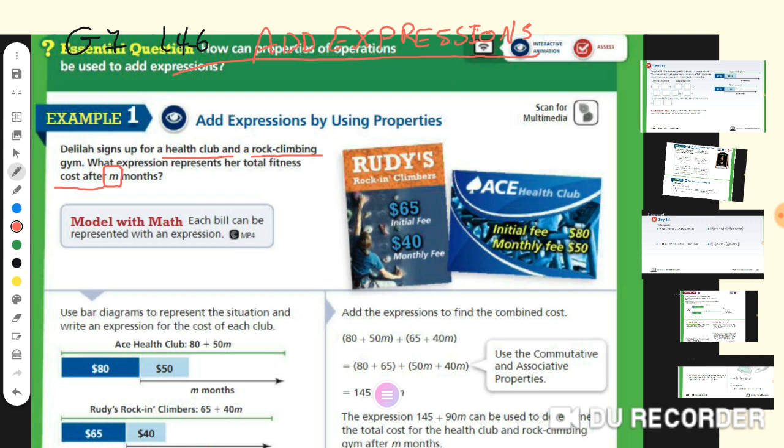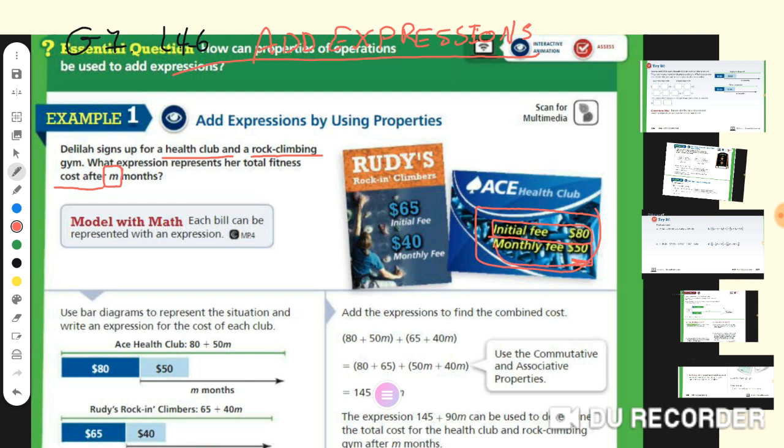Before all, she has to pay initial fees. What is the meaning of initial fees? Initial fees are a minimal charge, something you have to pay first before you apply to this health club. So she has to pay initial fees of 80 for the health club, and per month she has to pay 50.